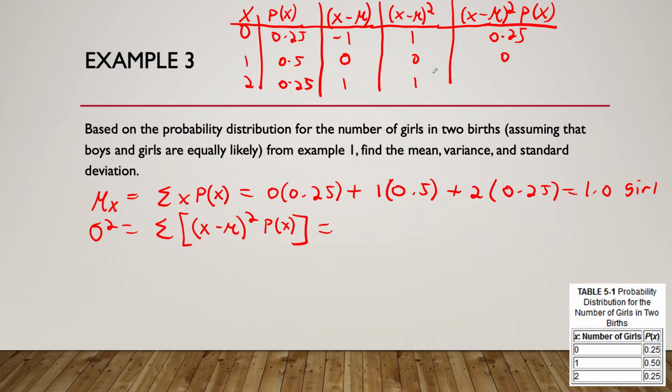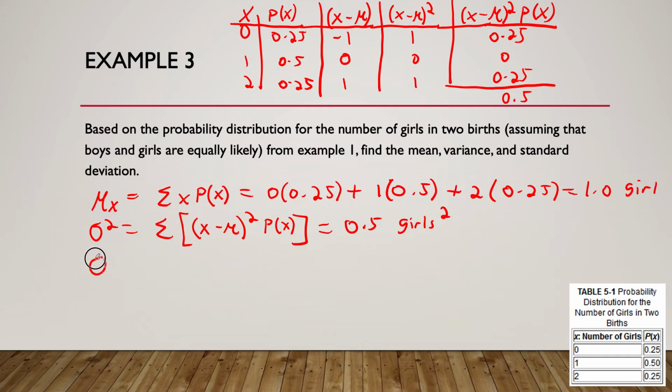And 0.25 times 1 is 0.25. When we add up this column, we get an answer of 0.5. So the variance will be 0.5, and the unit of measurement for this is goals squared, which is a very weird unit of measurement, I know. But regardless, that's what we get.